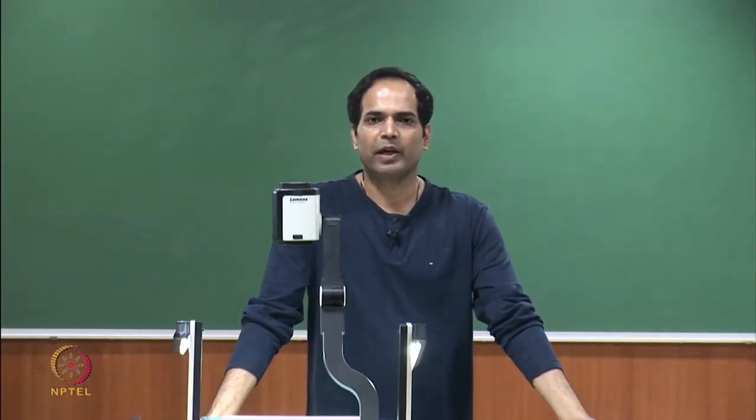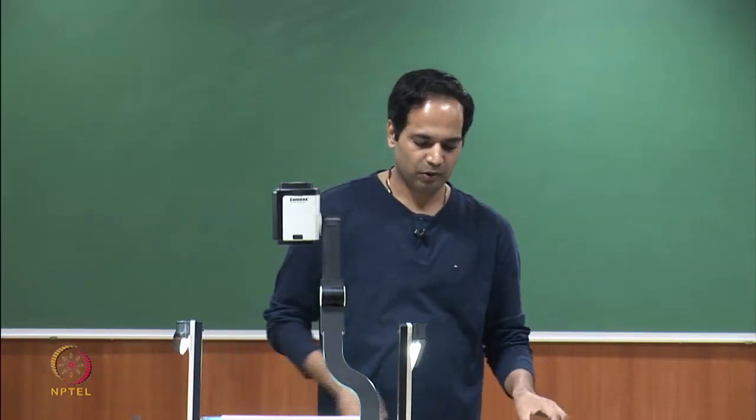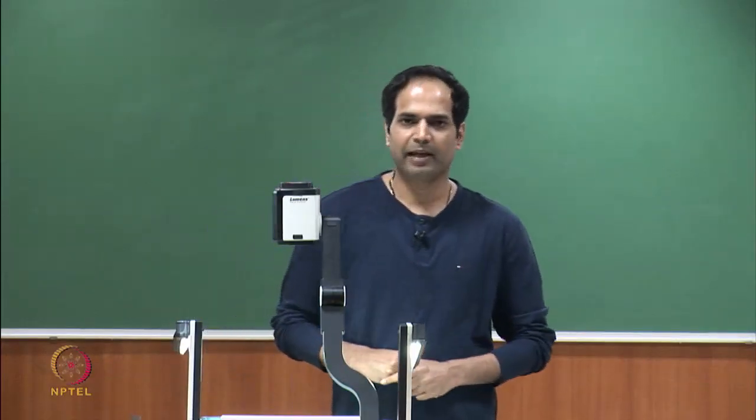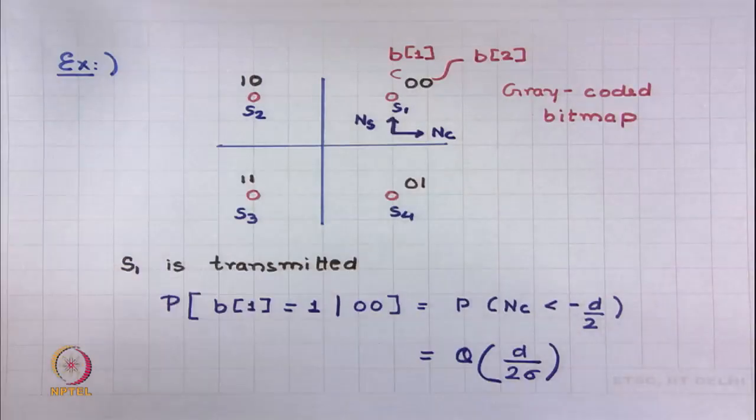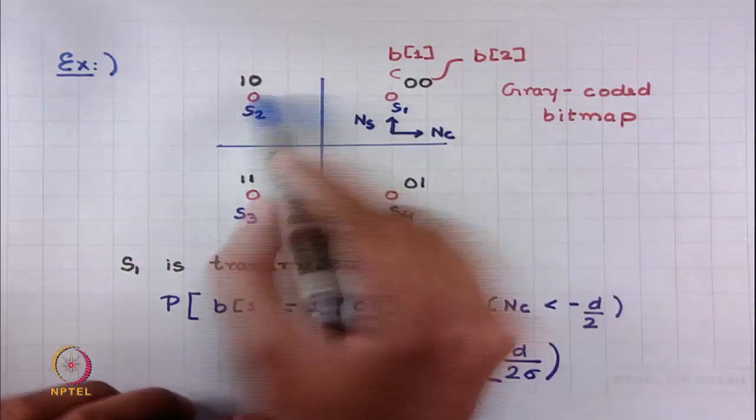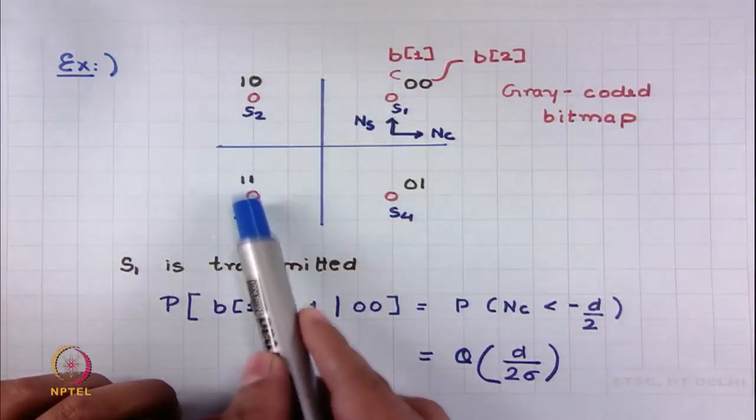What happens when you want to identify the bit error rate performance for these modulation schemes. Okay. So, let us start with an example, and as always I would like to start with this 4-QAM as the running example. Okay. So, here we have 4 symbols S1, S2, S3 and S4.